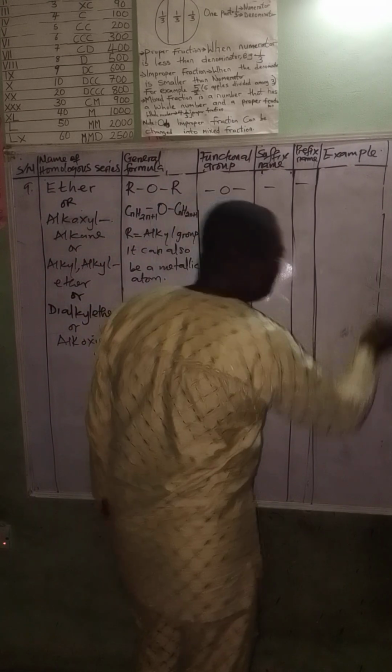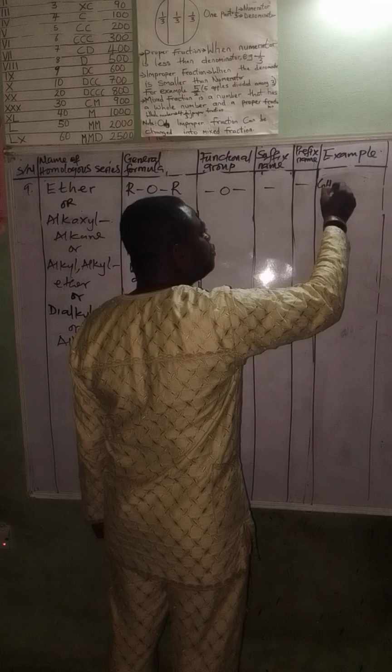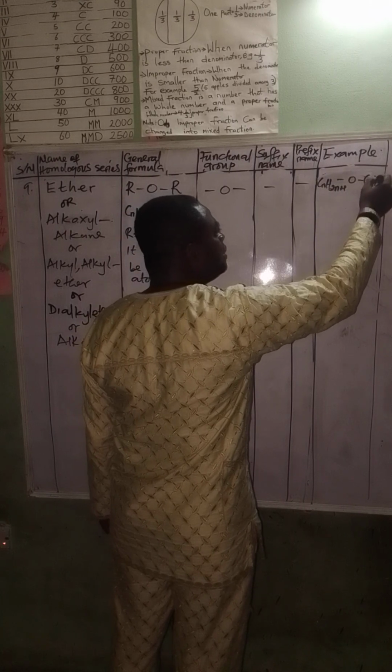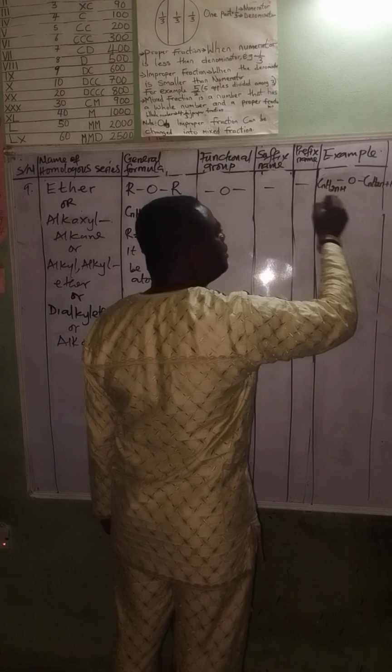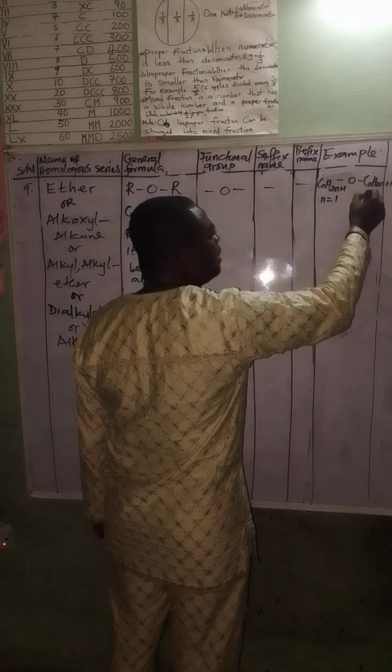Now, a common example. If the formula is ROR, or CnH2n+1 O CnH2n+1, let's say n is 1 here and n is 2 here.